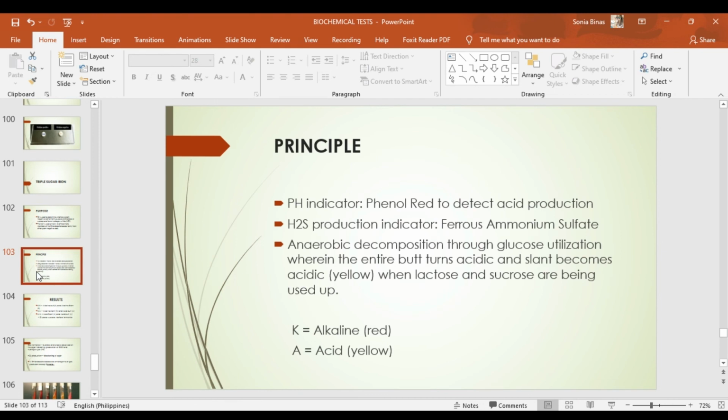The principle of this is to determine whether an organism is a glucose fermenter. Ano po? Ang pH indicator nito ay phenol red na nagde-detect ng ating acid production, while the H2S production indicator is our ferrous ammonium sulfate.